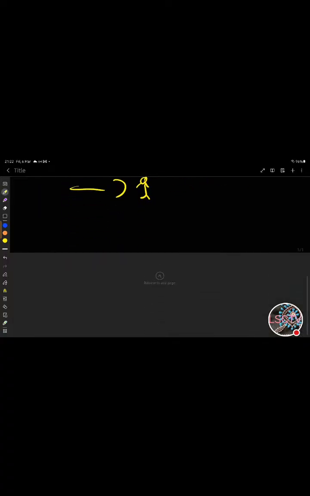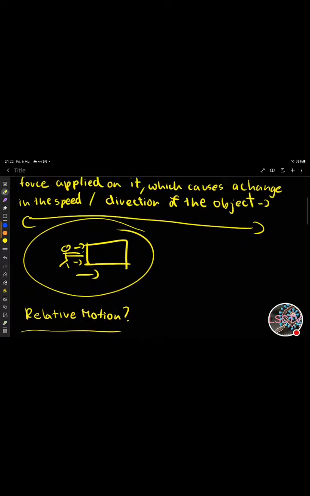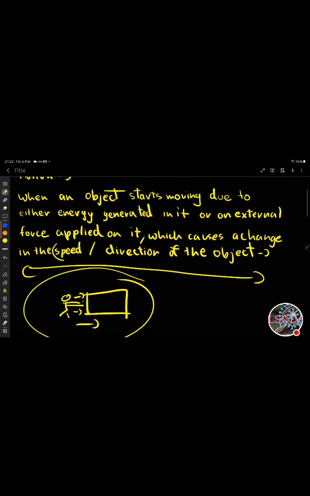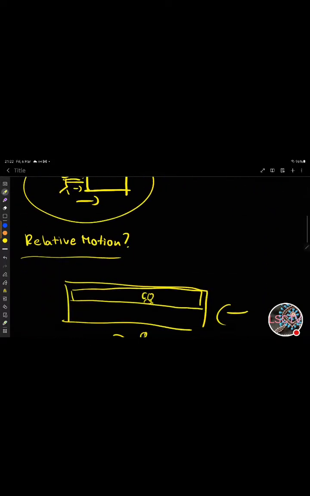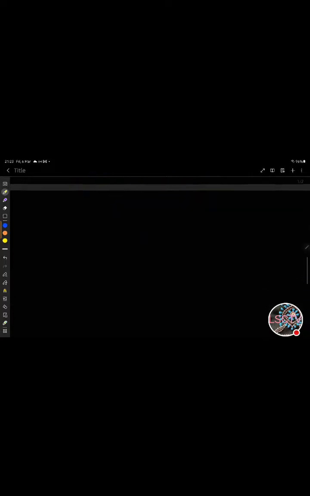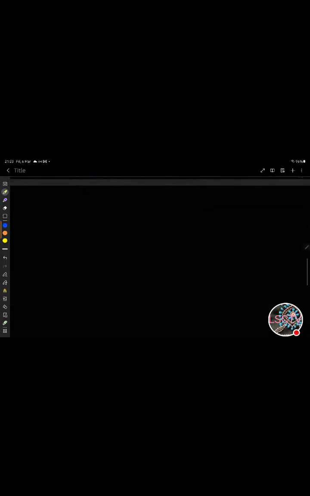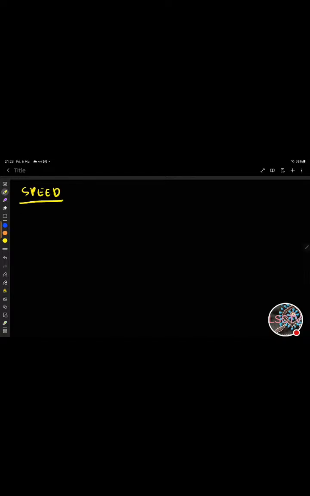Now, I use this word speed. I know no one will get confused by this, but just in case, what is speed?